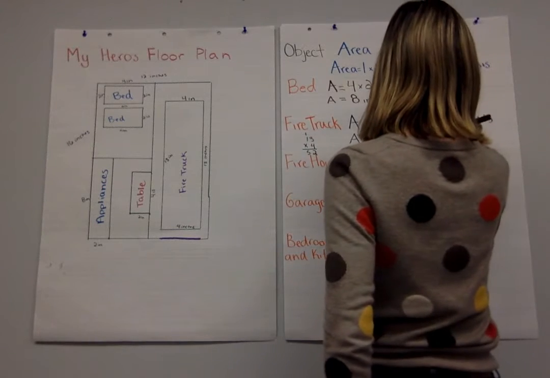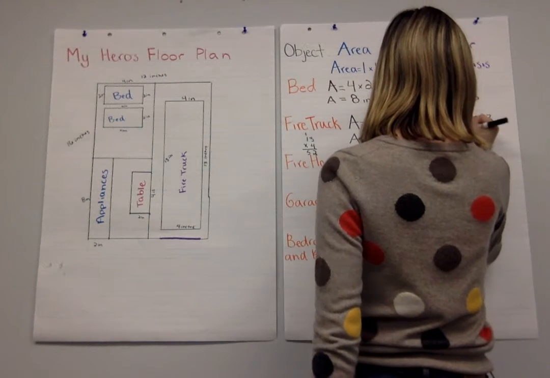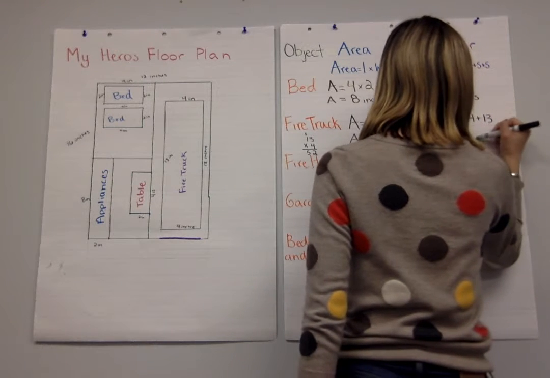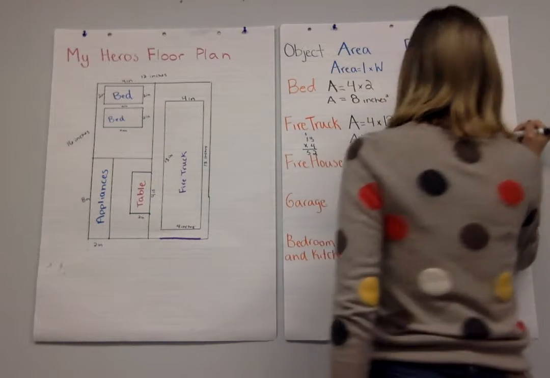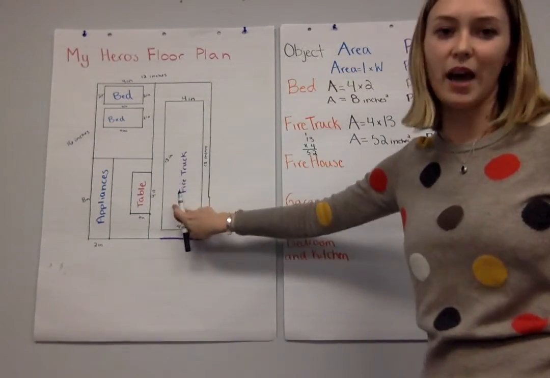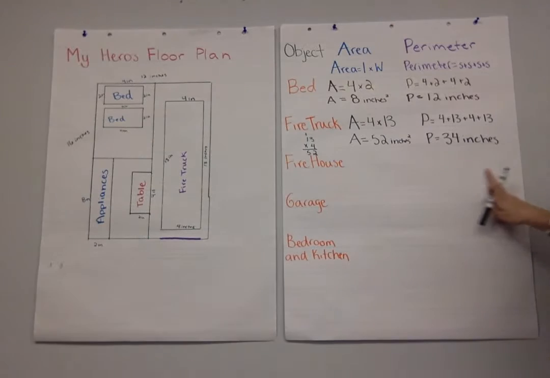So the perimeter is 34 inches. And we're only counting the blocks around, not what's inside. So we don't do squared, we just write inches.